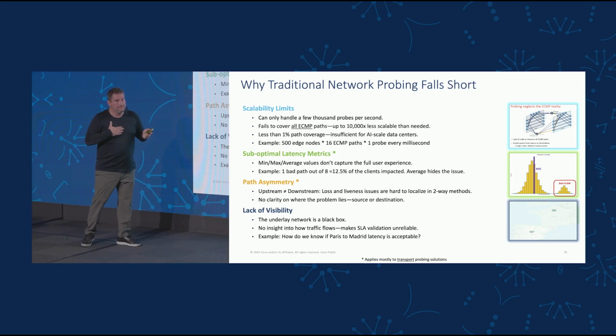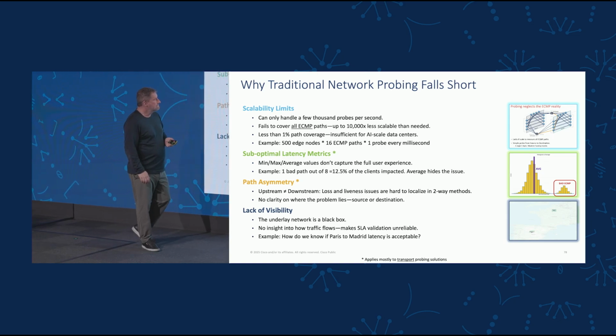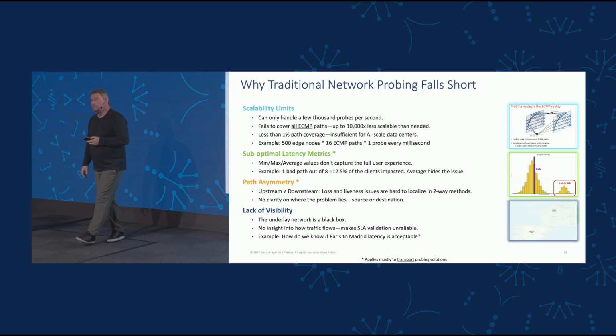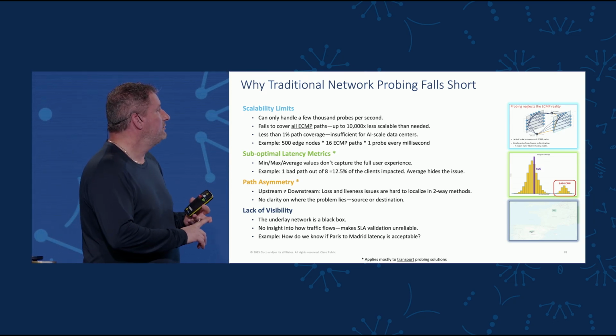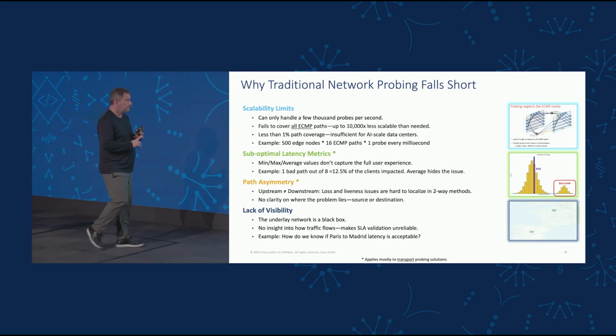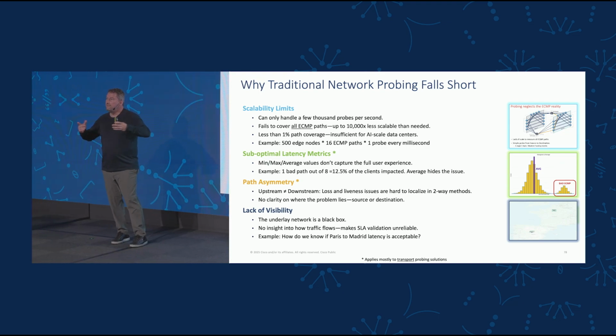Network probing, like for instance, between P and Q, SRPM, Y1731, they have a little bit suboptimal latency metrics, right? Min, max, average. Average can be a little bit deceiving, especially when you have multiple ECMP paths. There might be one that's really bad, and everything else is fine, right?